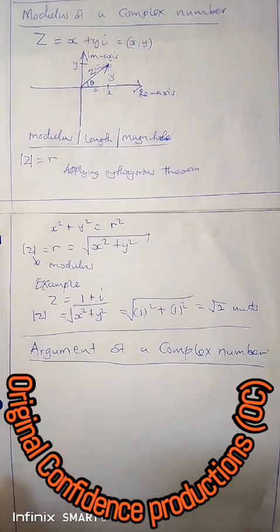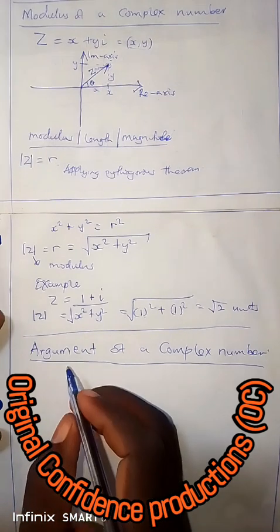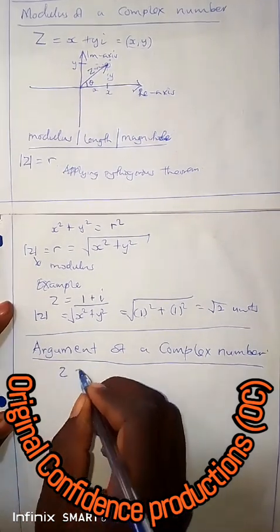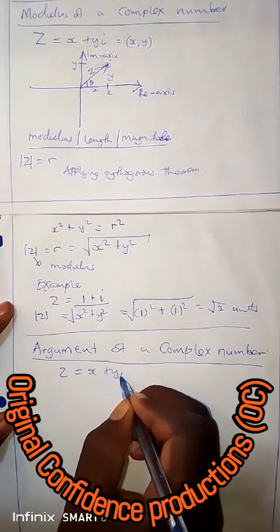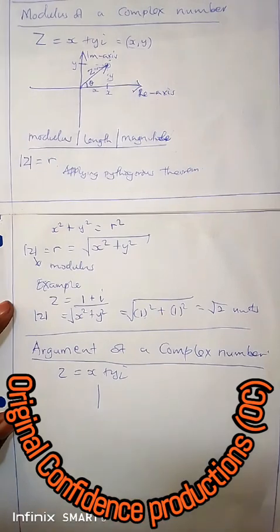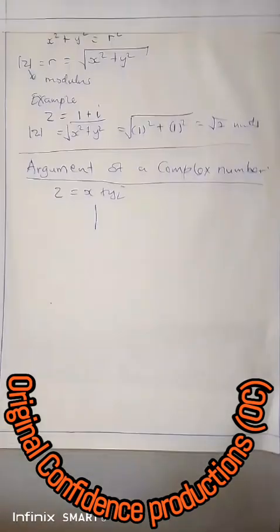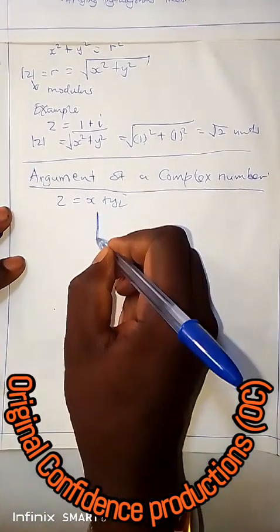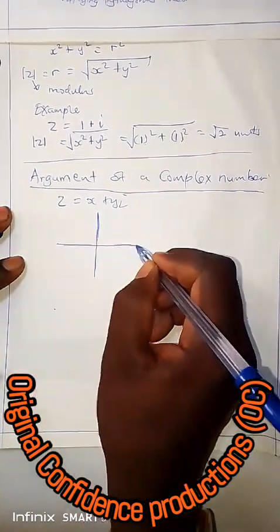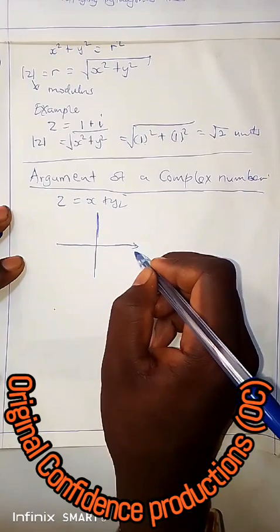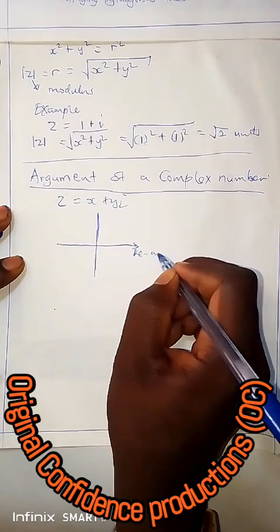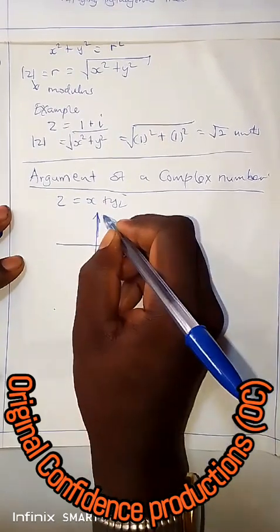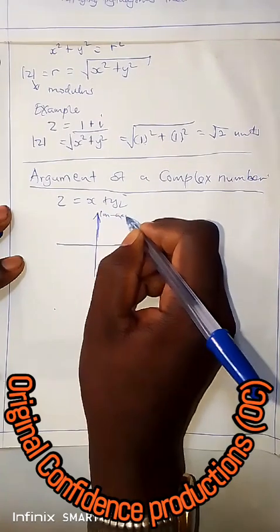If you have any complex number, for example x plus y i, you can draw another Argand diagram, whereby you first draw the complex plane with the real axis, and then this is the imaginary axis.